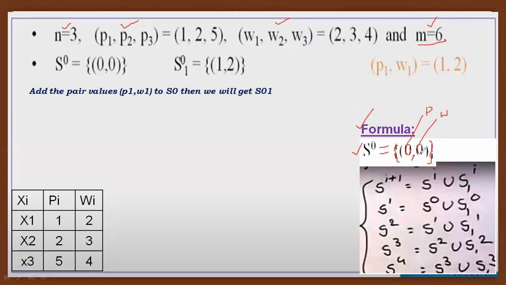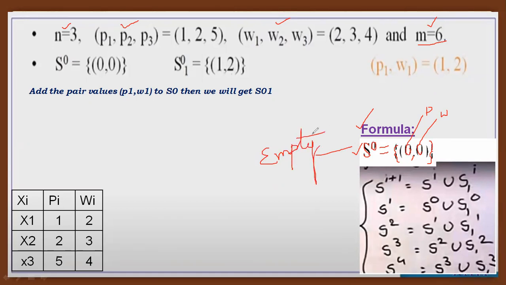So there are two zeros here, 0 comma 0. Fill the knapsack. Initially the knapsack is S^0 equal to (0, 0), which means the profit is 0 and the weight is 0. That means the knapsack is empty.